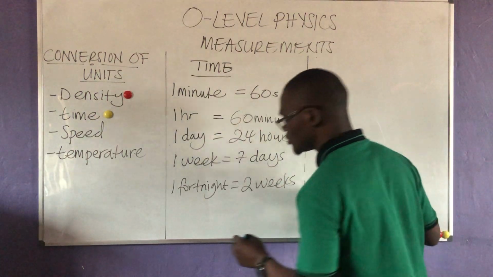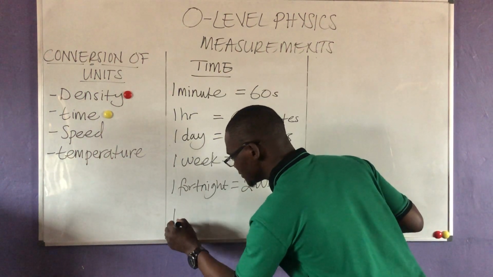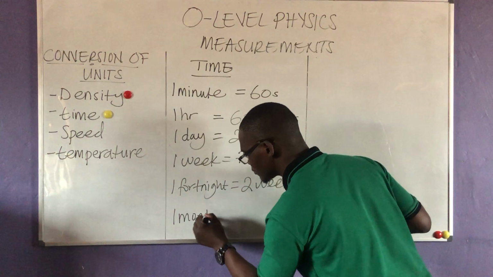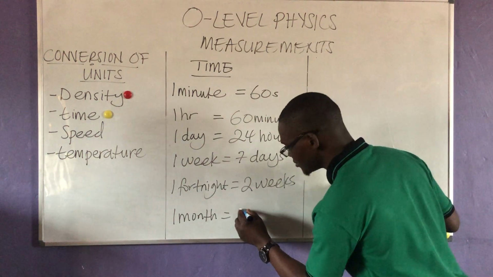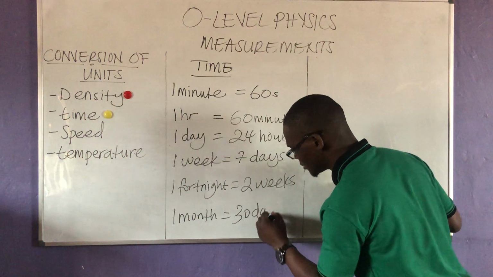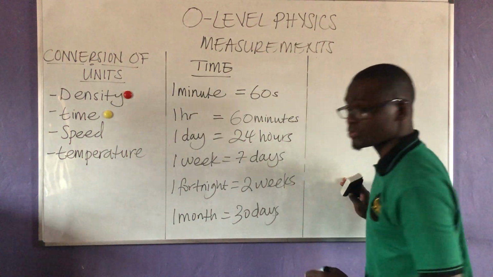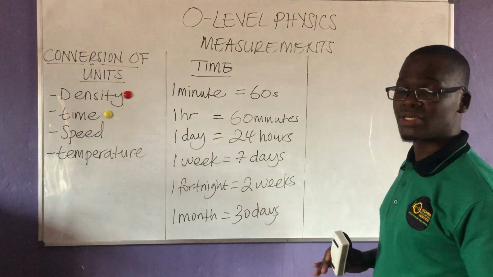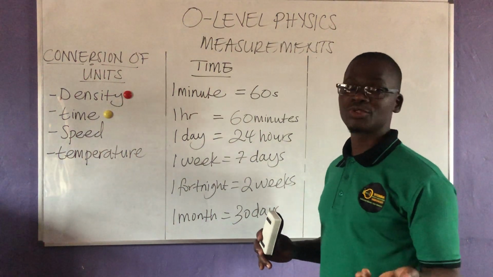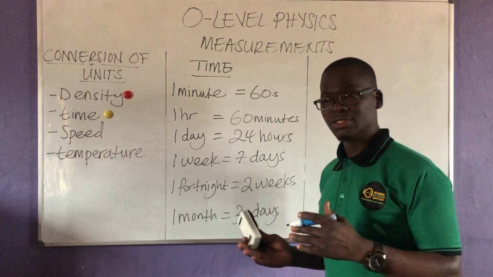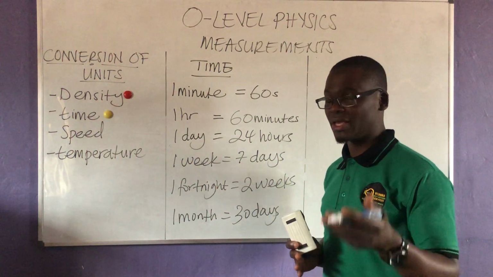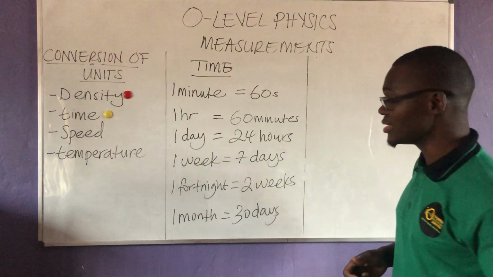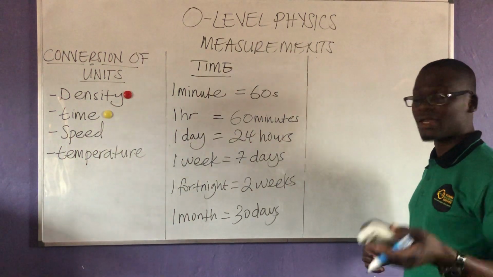But still, 1 month is equivalent to sometimes 30 days. We have months with 28, 29, 31. So the days are between 28 and 31 that make up a month, depending on which year and which month.